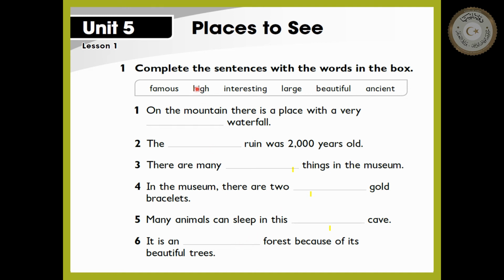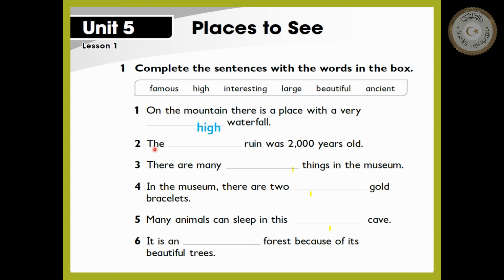Can we start with number 1? On the mountain, there is a place with a very waterfall. So which one do we need to write here? Famous waterfall, high waterfall, interesting waterfall, large waterfall? Excellent, it's a high waterfall.